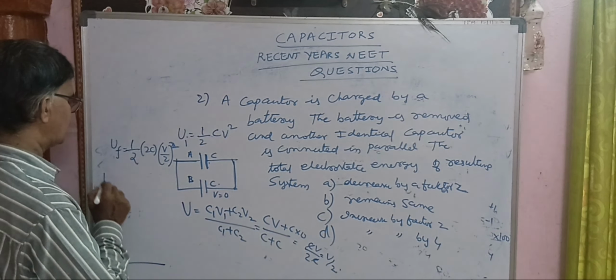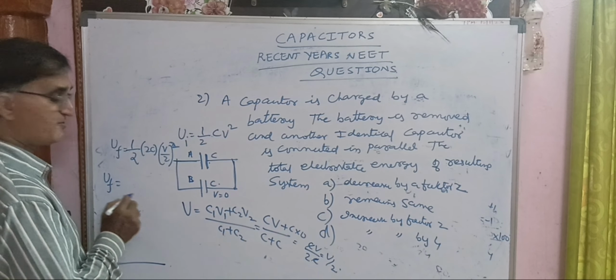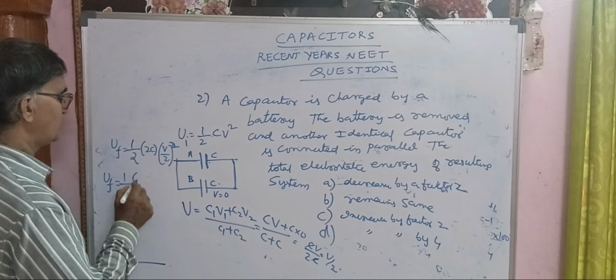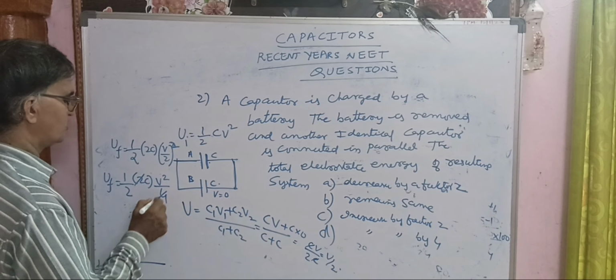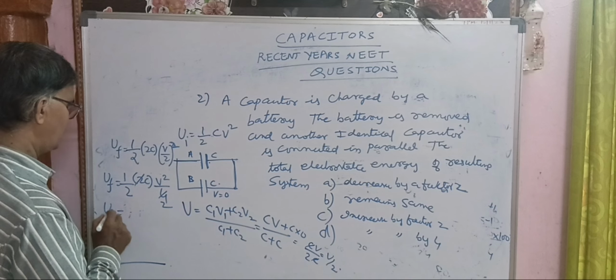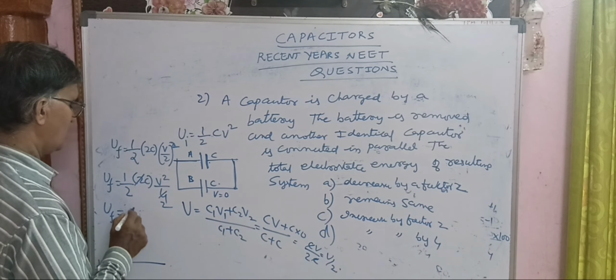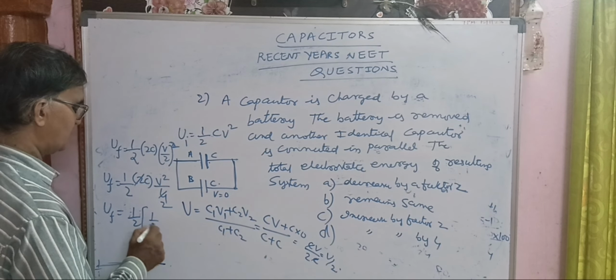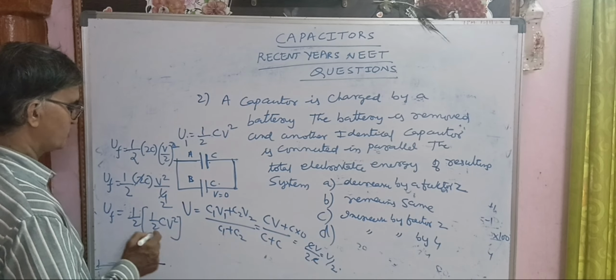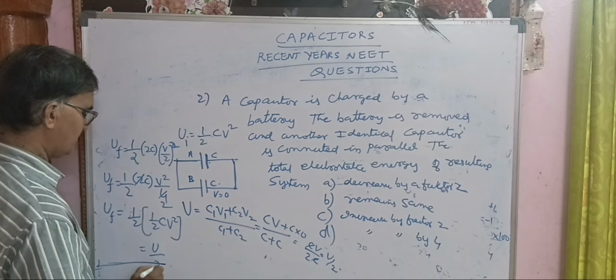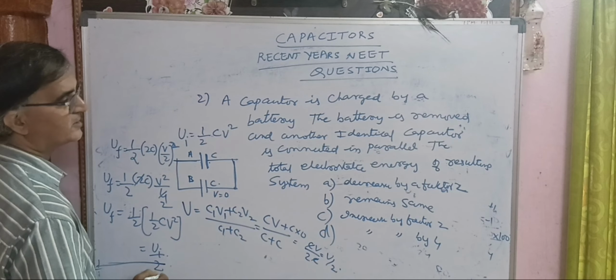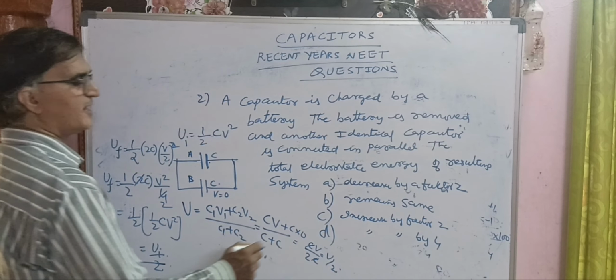So U final is equal to half into 2C into V square by 4. The 2 cancels, so the final energy is half into half CV square. That is half of the initial, so the potential energy of the system becomes Ui by 2. So it decreases by a factor 2.